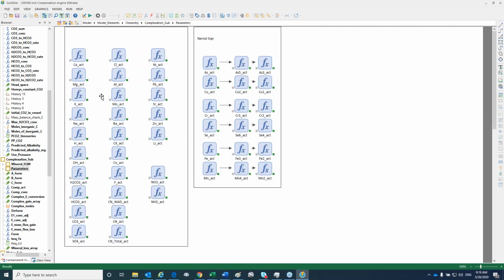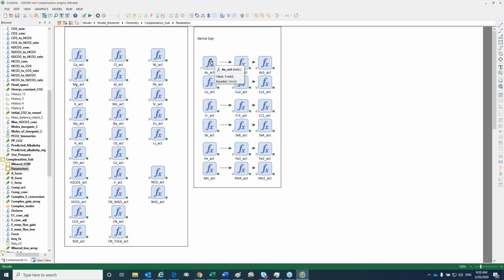In terms of the parameterization, as I mentioned before, we're using the pE as an input for the model. So we're using the Nernst equation to calculate the quantities of the different valences of each of the metals shown here: arsenic, copper, chromium, selenium, iron, and manganese.